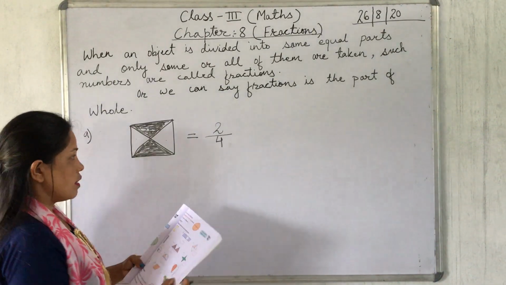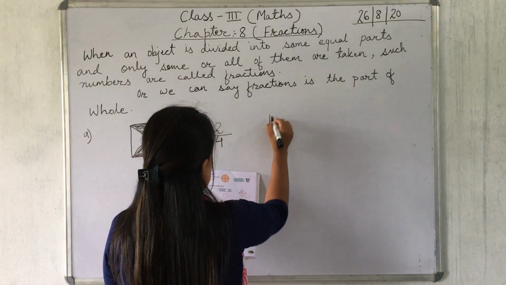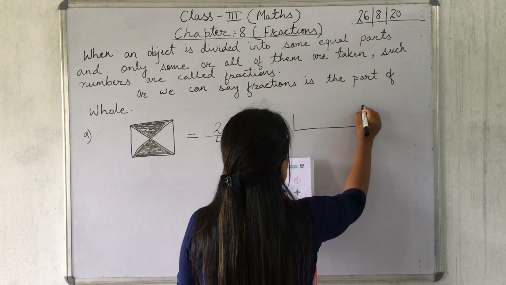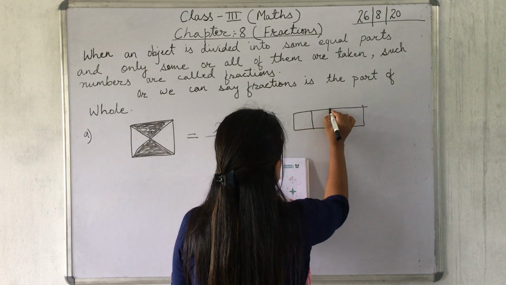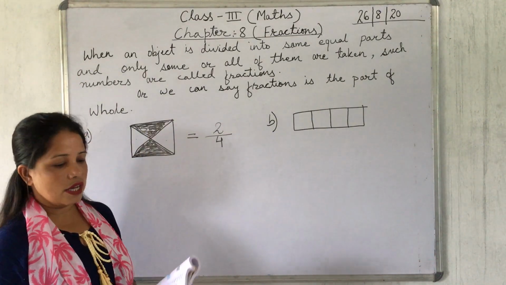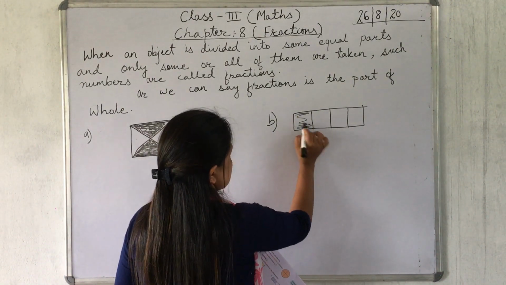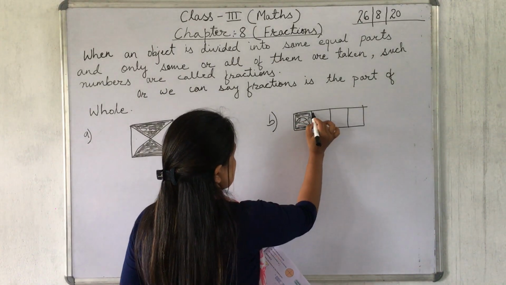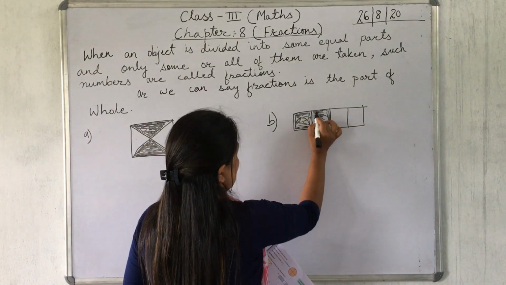Understood? Similarly, the next one, number B. This is a rectangle. Okay. Here, how many parts are there? 4 equal parts. It's divided into 4 equal parts. Now, here how many parts are shaded? In this figure, 3 parts are shaded or colored.